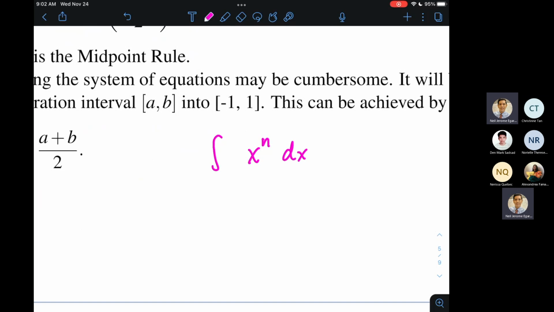Pero we can perform a change of variable so that the bounds of the integral will be from -1 to 1. And if that would be the case, then it would be easy to integrate at least the odd powers of x to the power n. Kasi kapag ka-odd yung function, yung integral niya over the interval -1 to 1 ay equal lamang kay 0, hopefully making the system of nonlinear equations much more manageable.